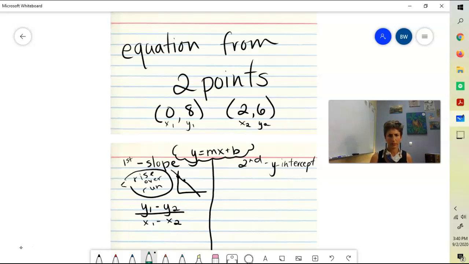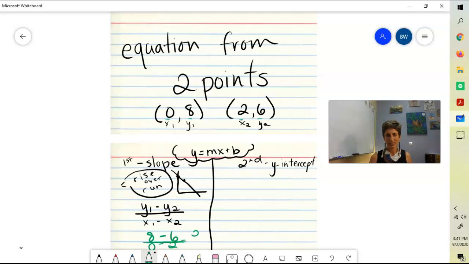And really now at this point, it's a matter of taking these values that you see match up with those same numbers and plugging them in. So y1 is 8, y2 is 6, and you are putting that over x1, which is 0, and x2, which is 2.